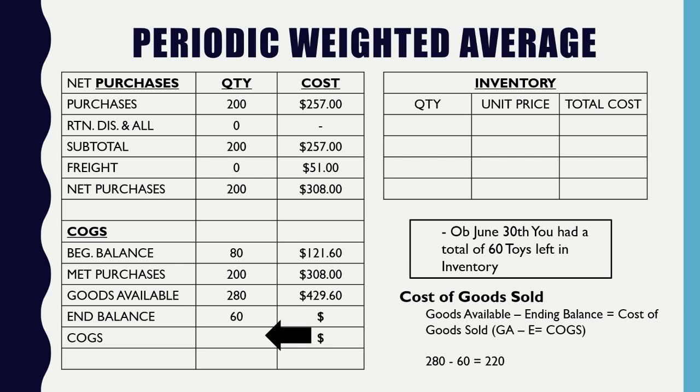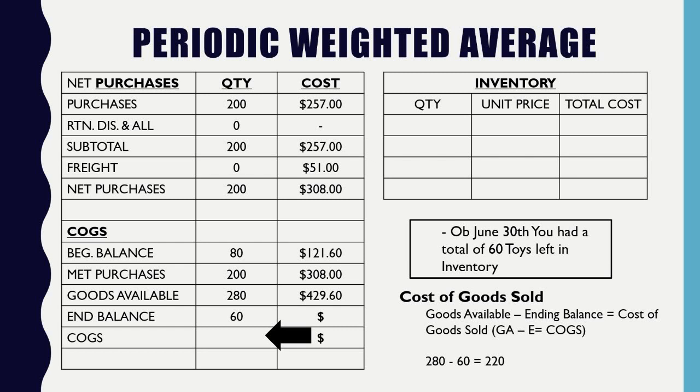When we're dealing with our cost of goods sold, we're going to add our beginning inventory of $121.40 to our $308. So total goods available is going to be 280 units at $429.60.